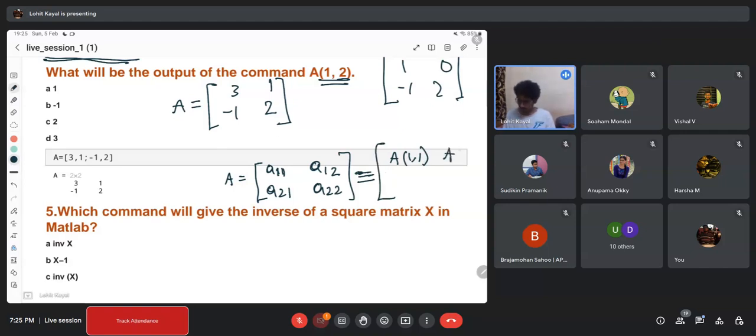The next thing will be A(1,2). You have to interpret that the first element inside the bracket will be the row, and this is the column. COL means column.